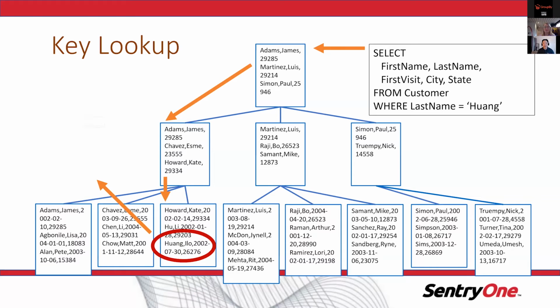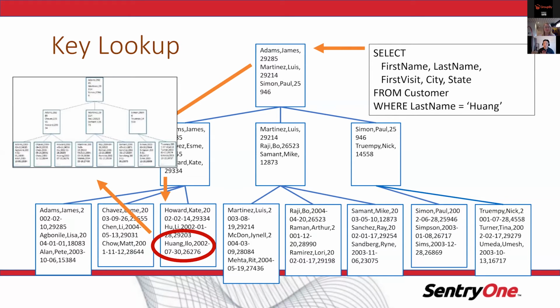So now I need to go back to the clustered index or the heap, i.e. the base table, in order to get those additional 2 data points. So this is extra work and extra I/O. The key lookup operation is something that can really burn you from a performance perspective because an index doesn't fully cover the query in question.